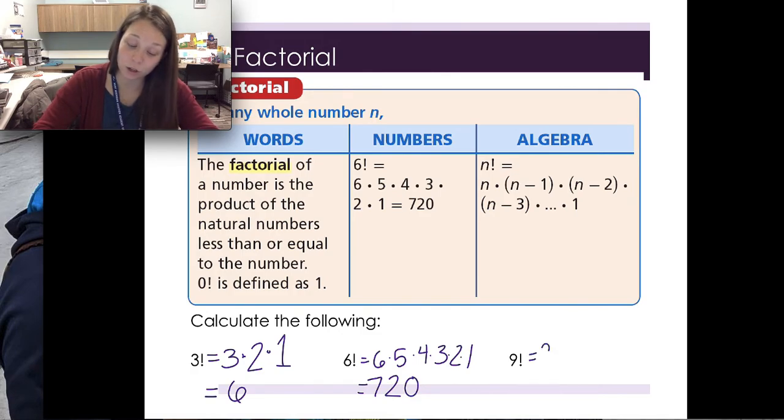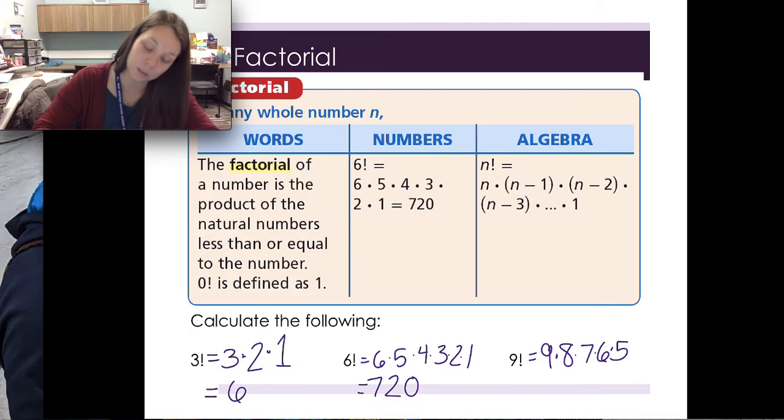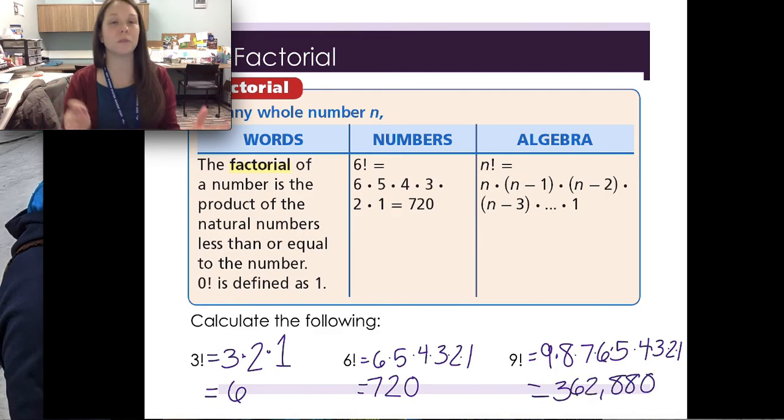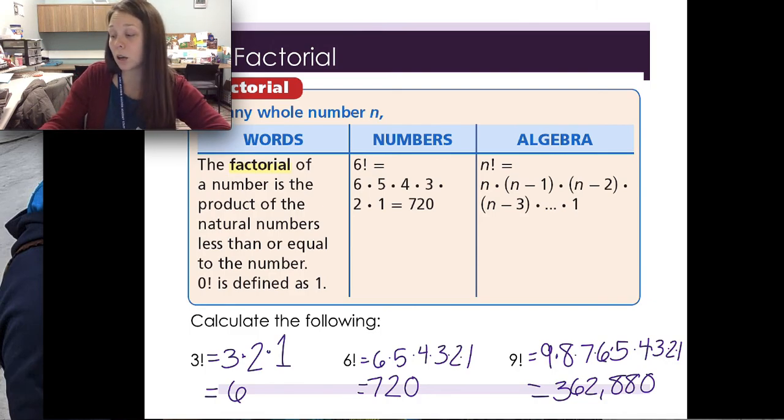And 9 factorial, 9 times 8 times 7 times 6 times 5 times 4 times 3 times 2 times 1, which is 362,880. So you've dealt with factorials in the past, and it's not a very difficult concept, but let's talk about how factorials can be used.